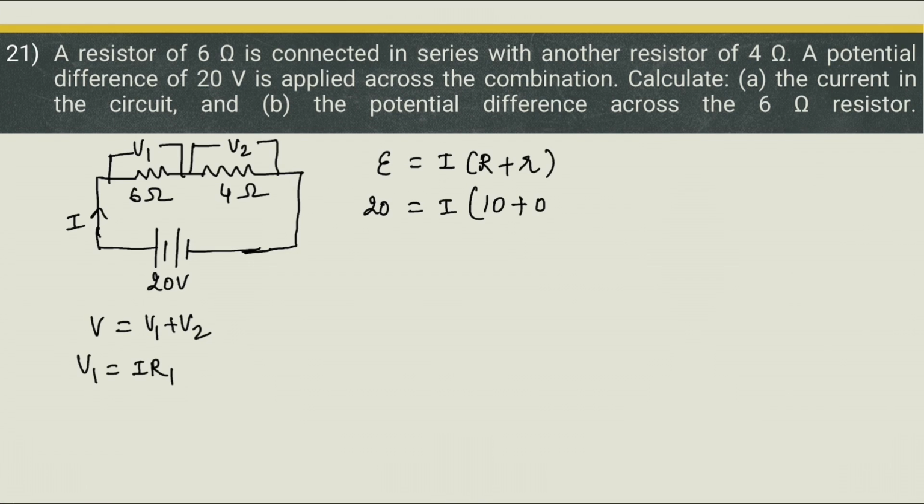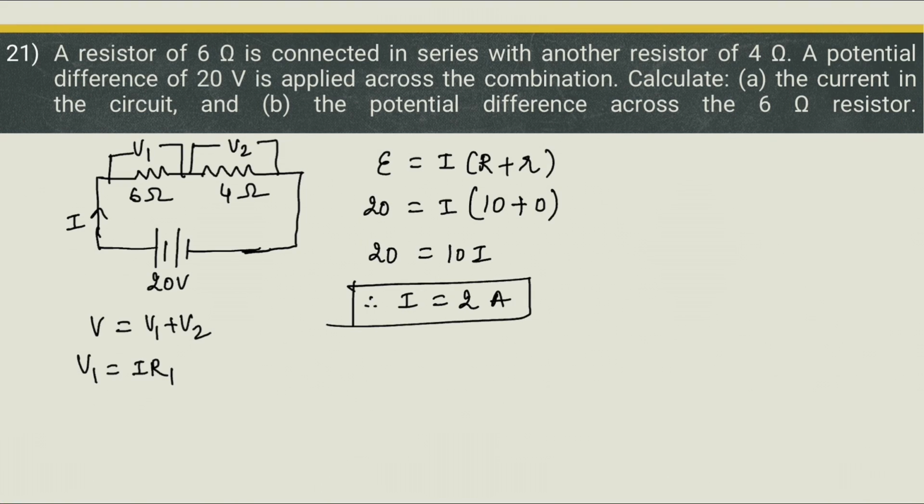Plus internal resistance of the battery is not given, so we will consider it as 0. Whenever the internal resistance of the battery is not mentioned, by default you can take it as 0. So 20 is equal to 10I and current is equal to 2 ampere.